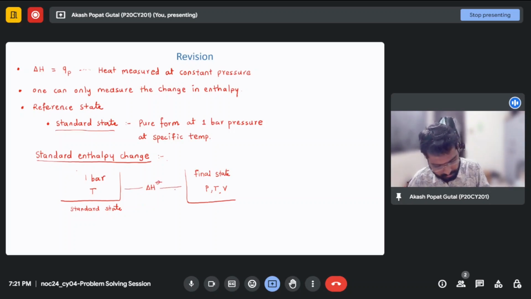The change in enthalpy between these two is termed as standard enthalpy change.